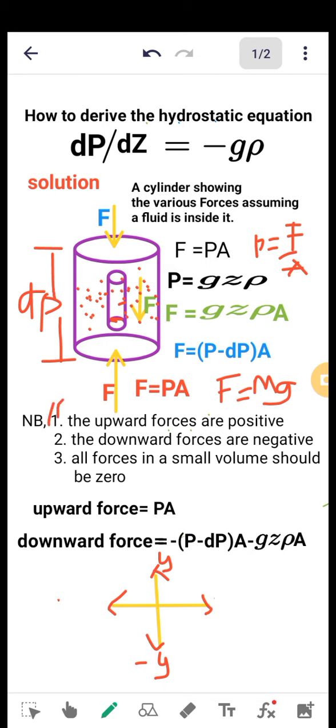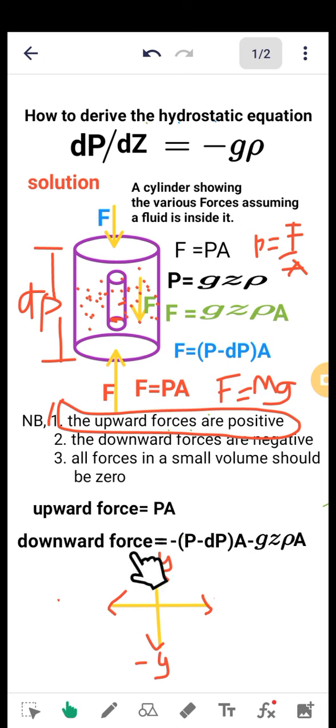So this is my first condition. The upward forces are positive. The downward forces are negative. All forces in a small volume should be zero. Upward force equals pressure times area. From this diagram, I know that my upward force is pressure times area.